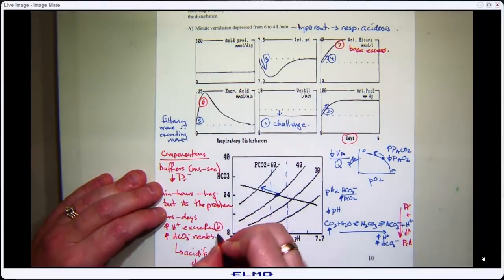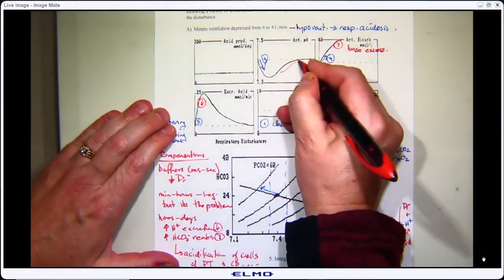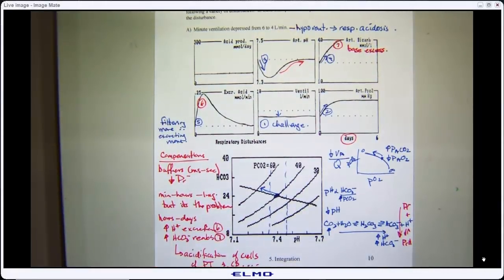Okay, 7 is down here. Cool. And based on that, even though ventilation is still depressed, right, the pH problem will be resolved. Okay, so this is the kidney can fix the problem.